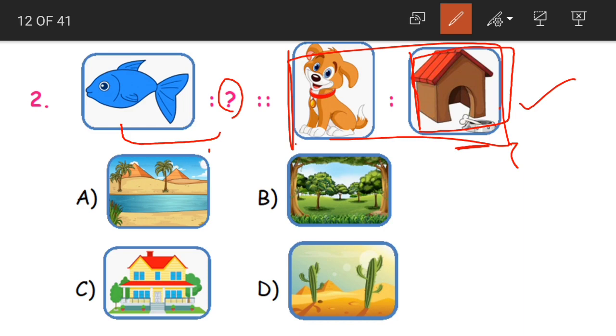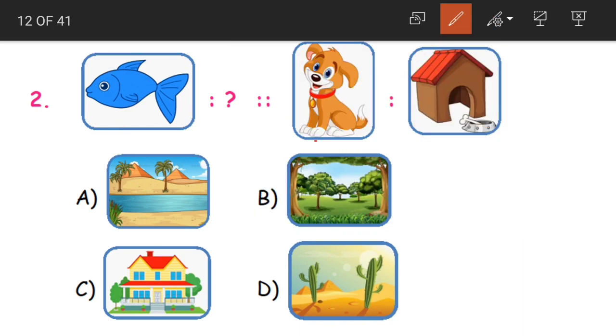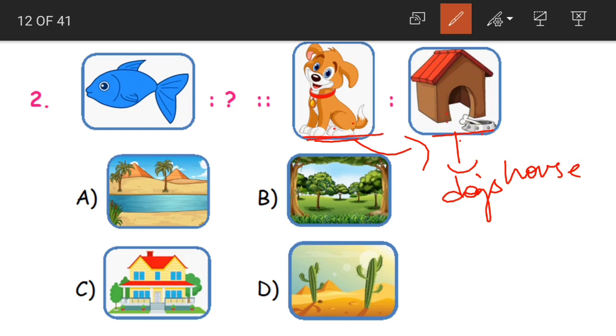Now what is the relationship between this complete pair? We are having dog and a kennel. That means this is our dog's house. This is where dogs live. Yes, this is the relationship between the pair here. We are having dog and then we have the place it lives. So even for the first pair, what do we have? We have fish. And where does fish live, children?